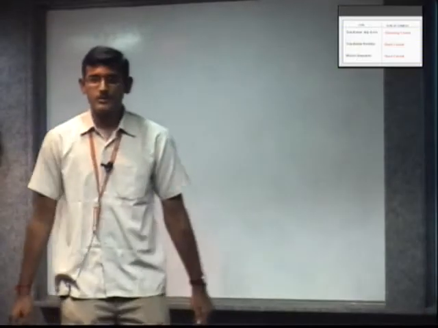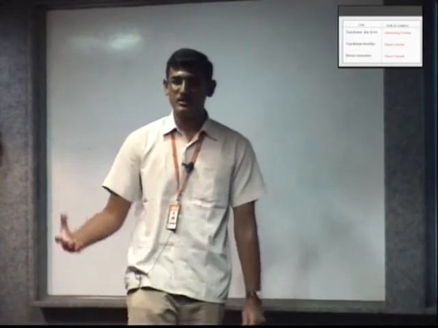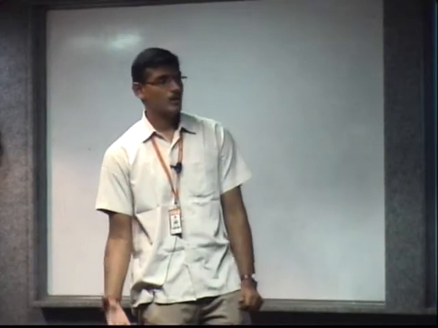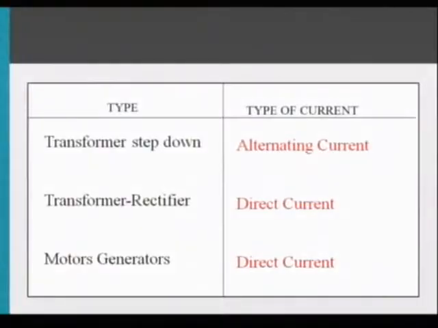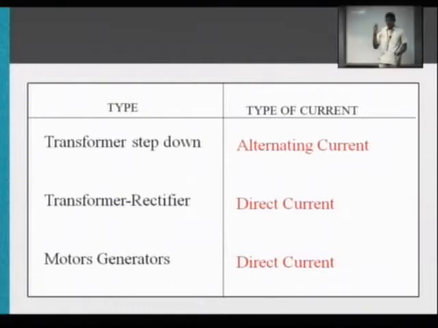Suppose your power source consists of a step down transformer, then you can use alternating current. In this slide you can see the type of current you choose for the required power source. This transformer is step down, so it gives alternating current, and you can use any kind of phase: single phase, two phase or three phase.